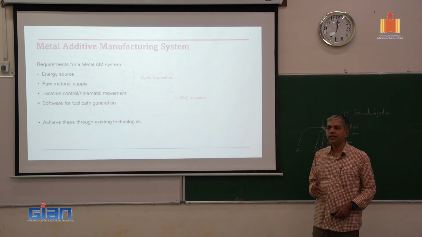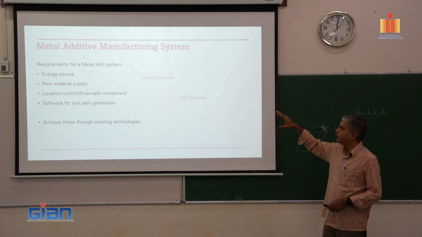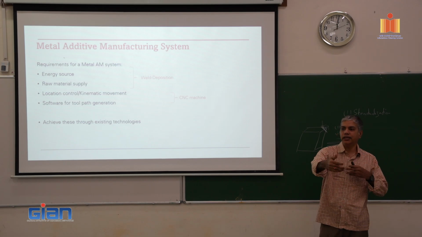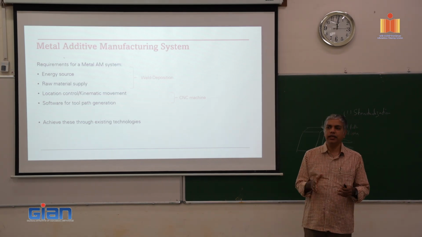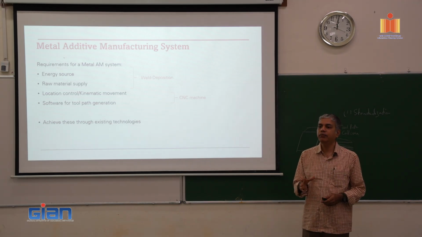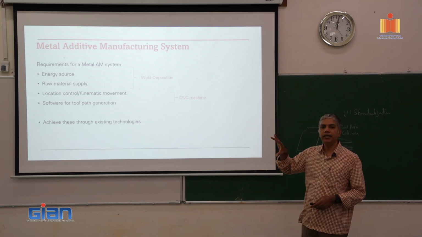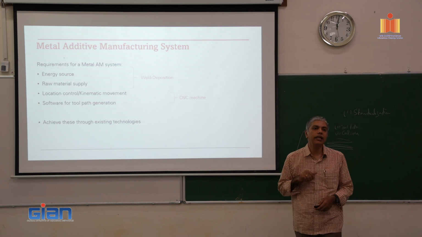Cost wise also, the footprint of the kinematic setup, the linear guides, the x-axis, y-axis, etc., is significant. At least 50 to 70% of the cost in any metal additive manufacturing system is typically taken up by the kinematic systems, the movement of the laser head or the welding head.